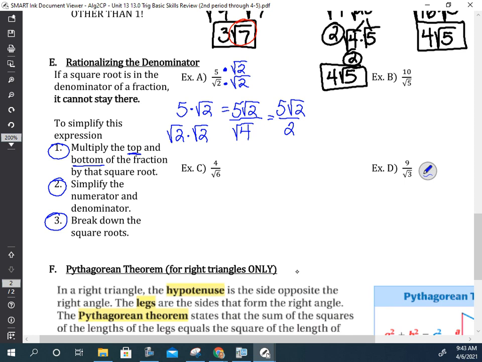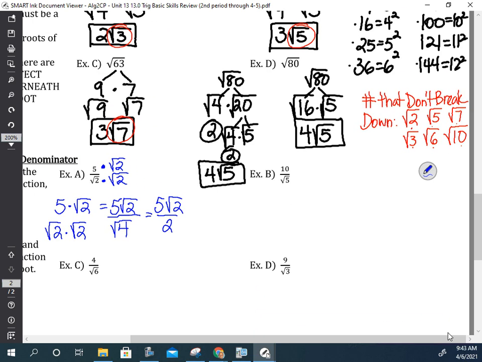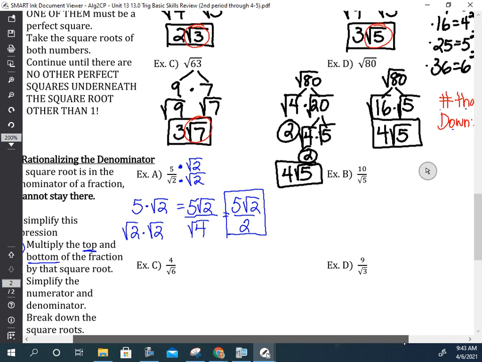So step 3 is to break down the square root if we need to. Most of the time you won't have to do step 3. The square root of 2, remember, is one of those square roots that don't break down. So that ends up being your final answer.